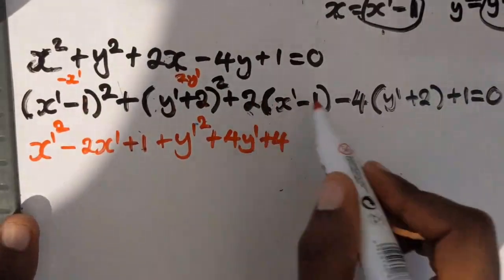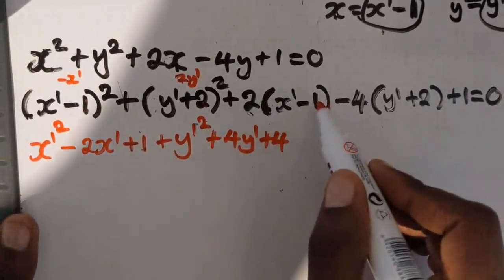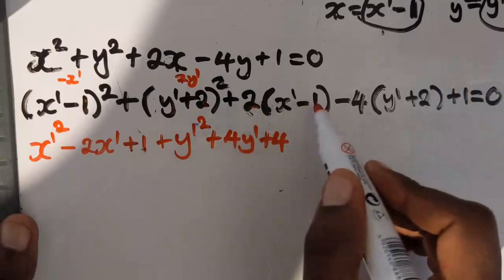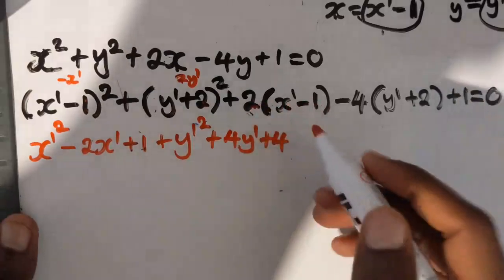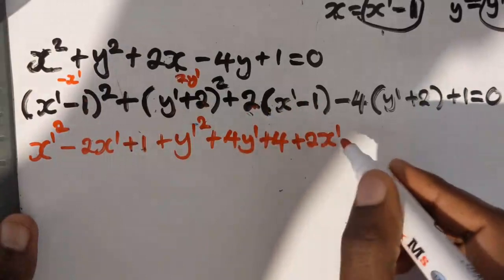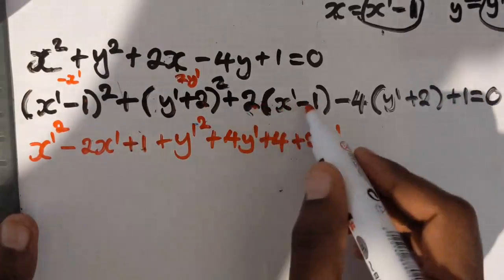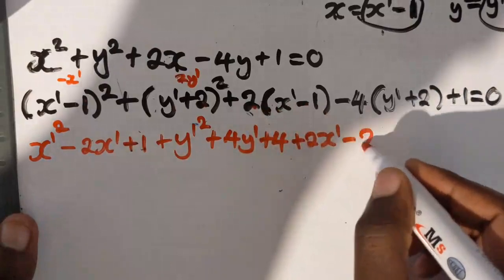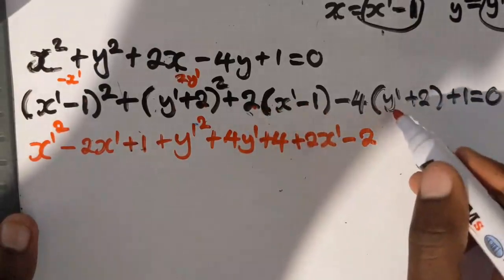Then here, it is simple. What you are supposed to do is just to expand. You multiply the 2 times everything that is inside. So 2 times x prime, you're going to have positive 2x prime. Then here 2 times negative 1, you're going to have negative 2. Even here you expand.